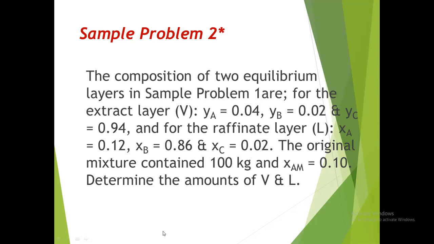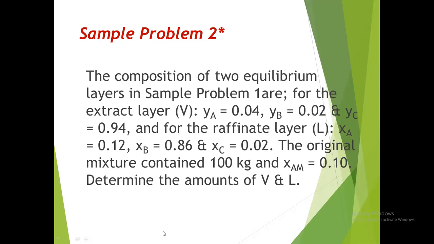Now, let me just find my pen. Okay. Now, in this problem, you have already the composition of the extract layer given from the first sample problem that we have solved. So in here, you're given the composition of the extract layer in terms of A, B, and C. So review: A is solute, B is water, and C is your solvent.